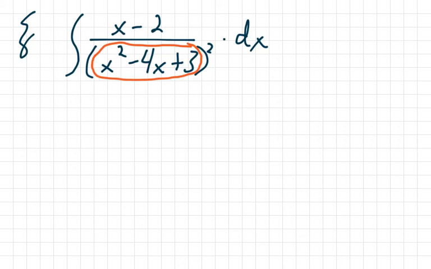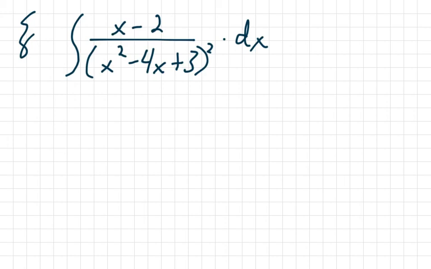The derivative of x squared is 2x, the derivative of minus 4x is minus 4, and plus 3 is 0. And I can factor that out. I get an x minus 2. That's the nice part, I can eliminate it using substitution. So I'm not going to have to worry about this future partial fractions thing that's a little bit more involved. I want to use the easiest thing that I can.